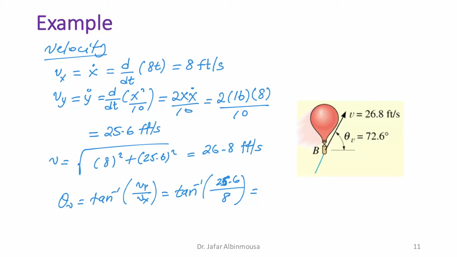And this is going to be 72.6 degrees. The 72.6 degrees is already represented here. So from the x-axis, you measure an angle of 72.6 degrees, and this is the velocity vector. Clearly here, the velocity vector is tangent to the path.